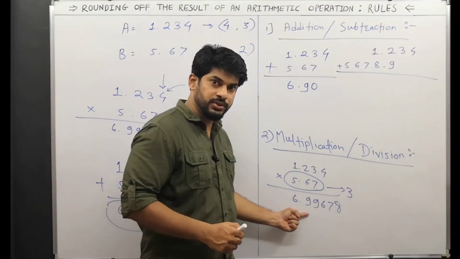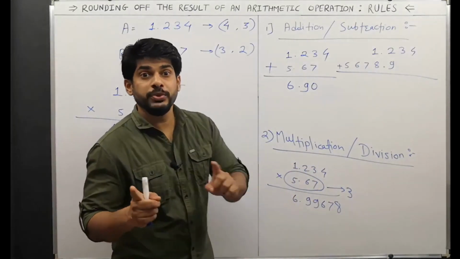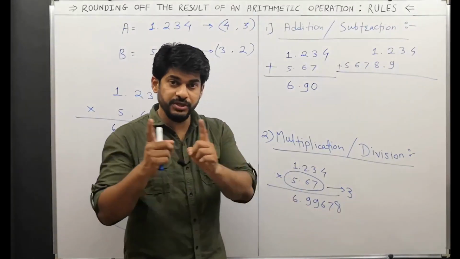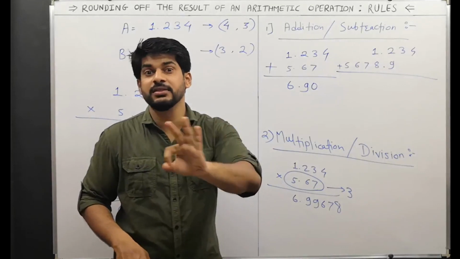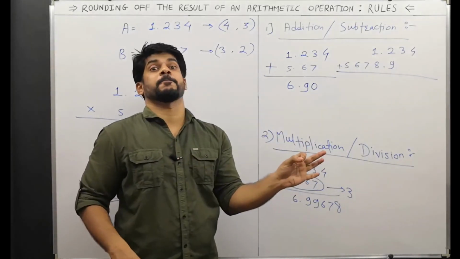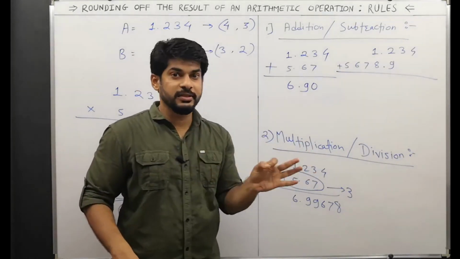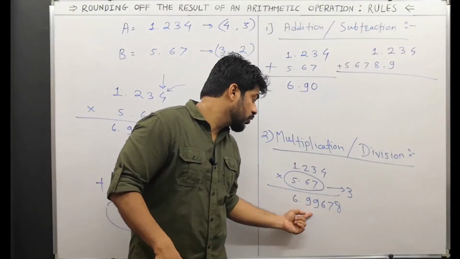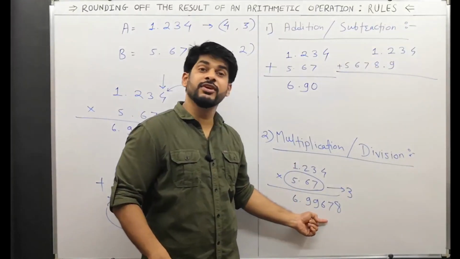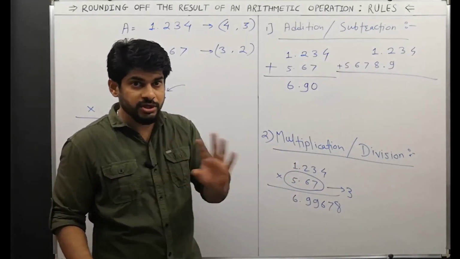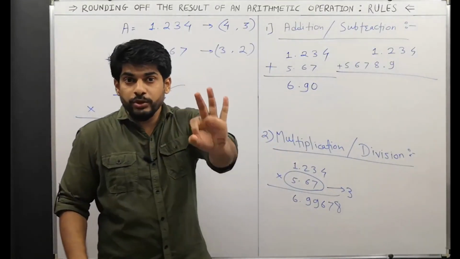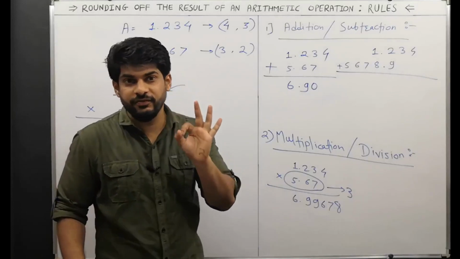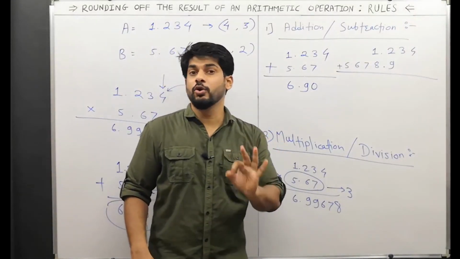So the answer should also be rounded off to only 3 significant figures, nothing more than that. Here we have 6 significant figures, so that should not be the case. The answer must be rounded off to only 3 significant figures, according to the rule.